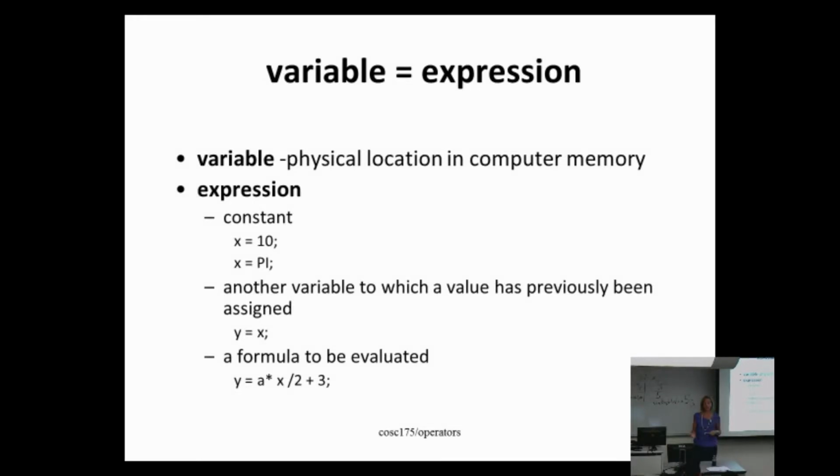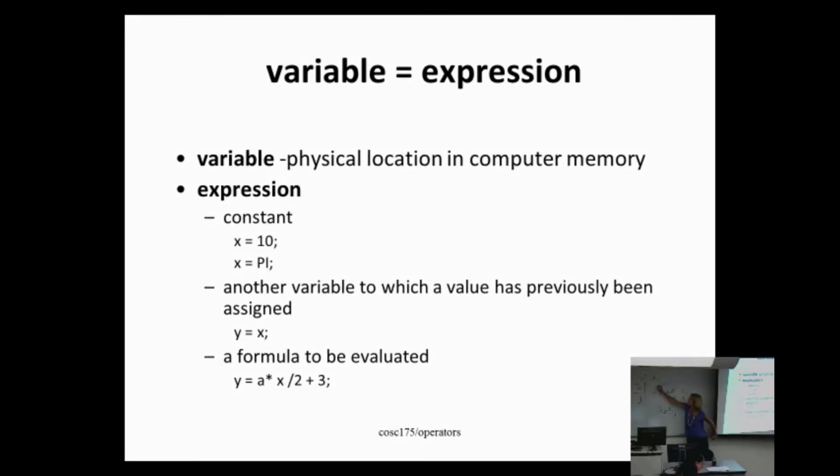So the expression may actually have a mathematical formula in it. So, for example, let's say that I declare x and I declare y. That means their space is allocated in memory. And if I now say x equals 5, what happens when I say x equals 5?